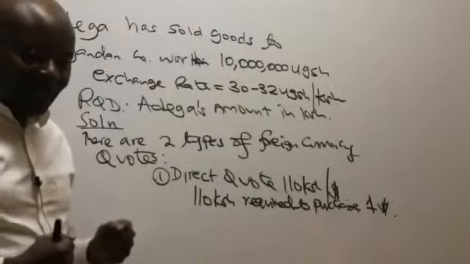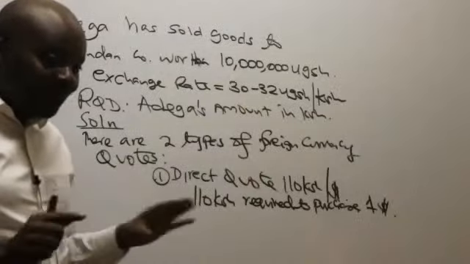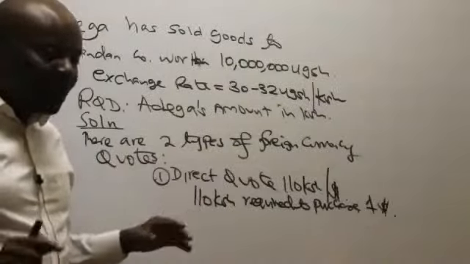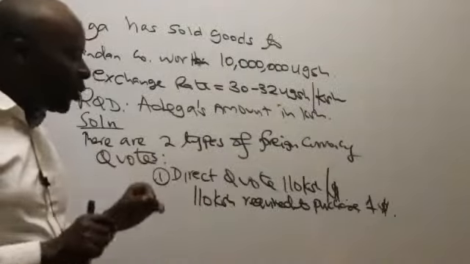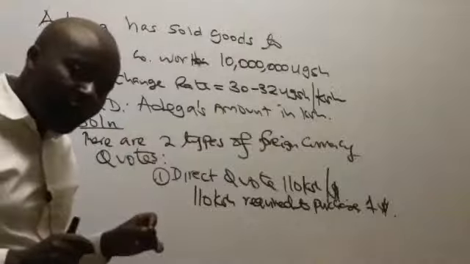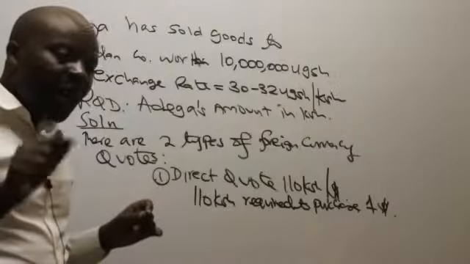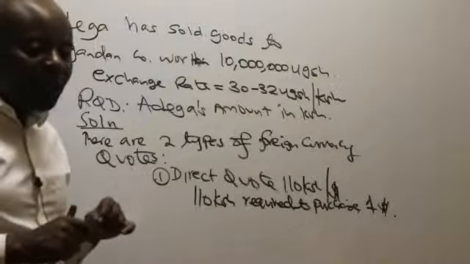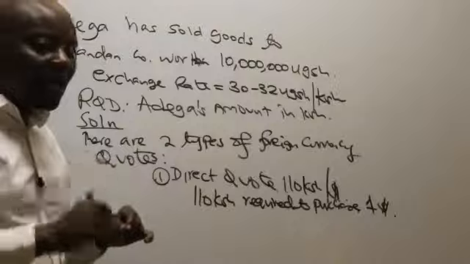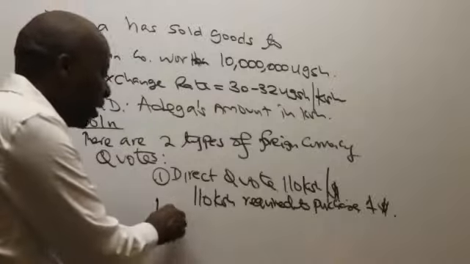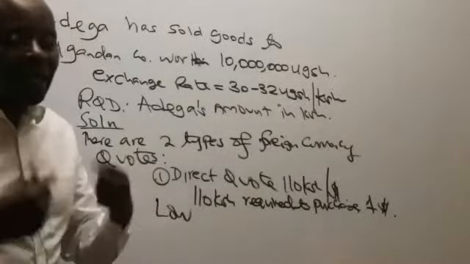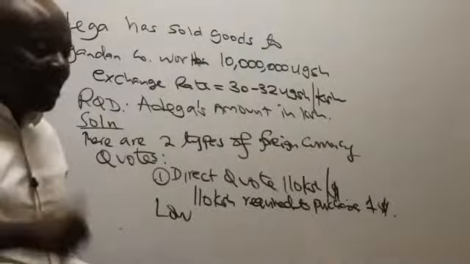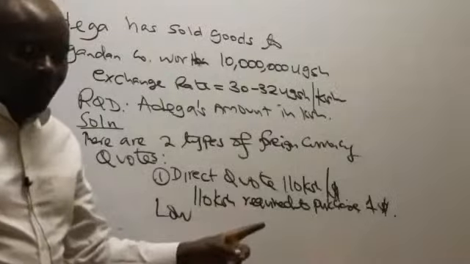Yes, I love this. Now tell us there, direct means what here? Normal. Direct means normal. Tell us there that for direct quotations, banks buy low and they sell high in order to make a profit.